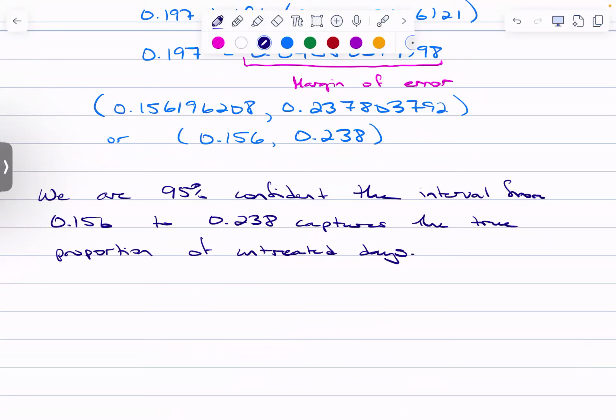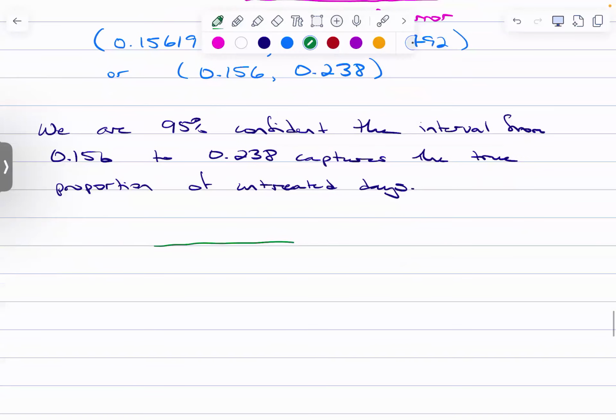It's just above 15, right? Which matches what we found in our Z, but also our p-value. It wasn't off the charts, but here we're saying, okay, on a number line, if my proportion is between 0 and 1, I'm 95% confident that it's somewhere between 0.156 and 0.238.